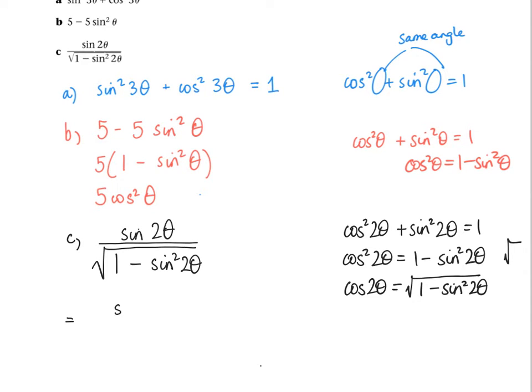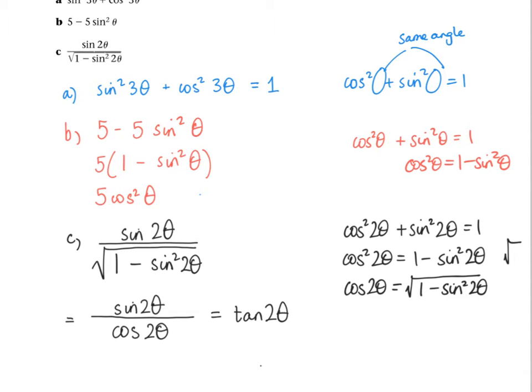So I can replace the denominator with cos 2 theta, and then we know sine over cos of the same angle is tan 2 theta. So that's getting us used to the two different identities that we've got, and it's just some algebraic manipulation.